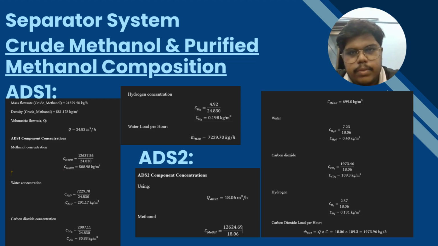For ADS1, the crude methanol mass flow rate is approximately 21,879.58 kilograms per hour with a density of 881.178 kilograms per cubic meter. Based on these values, the volumetric flow rate is calculated as 24.83 cubic meters per hour.